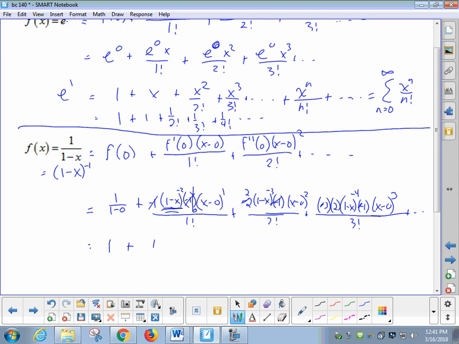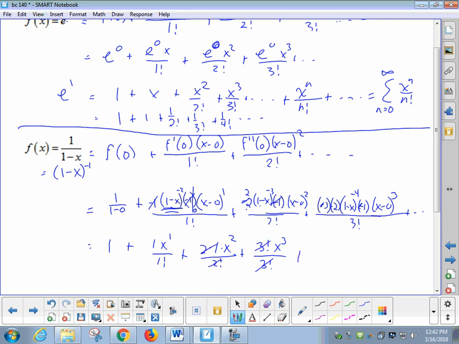Okay. 1, x to the first over 1 factorial, plus now this is 2 times 1, x squared over 2 factorial. The next one, negatives went away. It's 3 times 2 times 1, or 3 factorial, x to the third over 3 factorial.